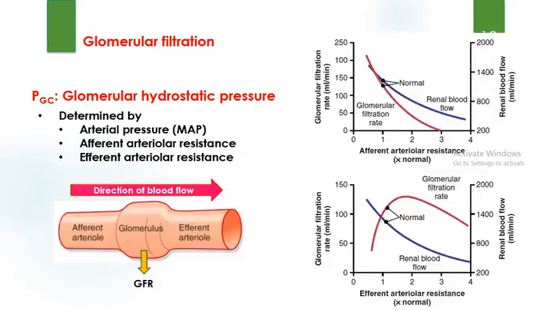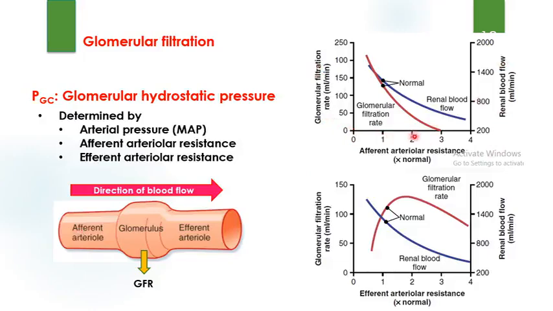In these two curves, you see the relation between arteriolar resistance and glomerular filtration rate and renal blood flow. Let's consider at first the upper curve, the relation between afferent arteriolar resistance and GFR and RBF.